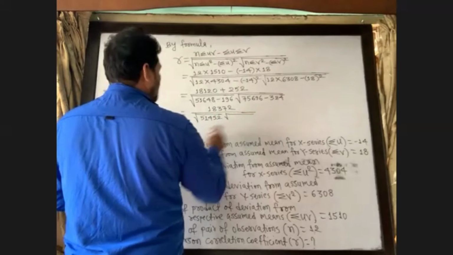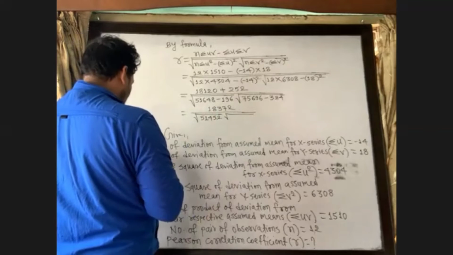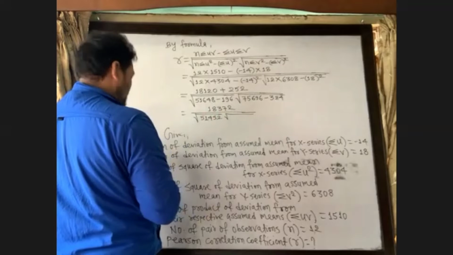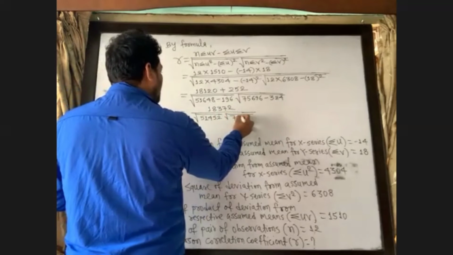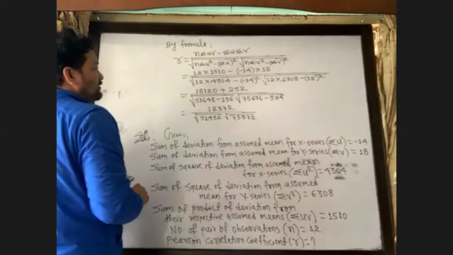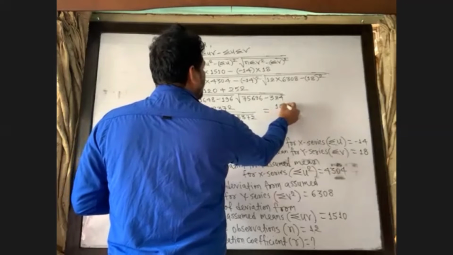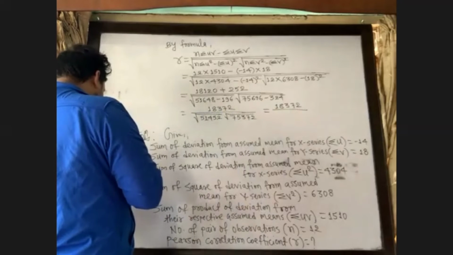Then another square root, 75,696 minus 324, we get 75,372. Now what will we get? Let's find 18,372 divided by our single square root.